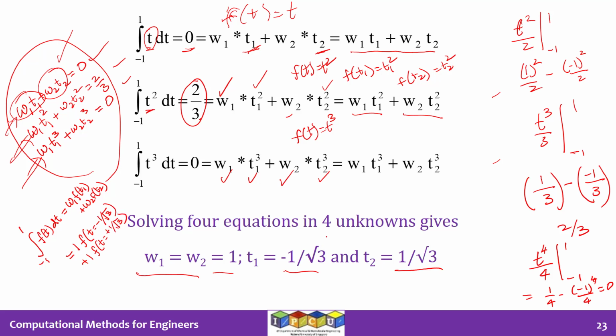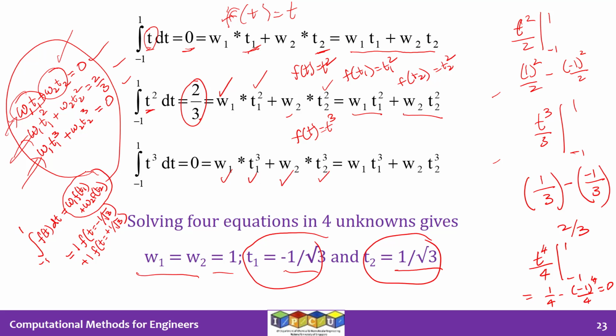So these two values for t are called the quadrature points. These are the best points in order to evaluate this integral, assuming that you are satisfied with the accuracy provided by those two terms. If I wanted higher accuracy, I would have gone for an extra term plus W3 f of t3.